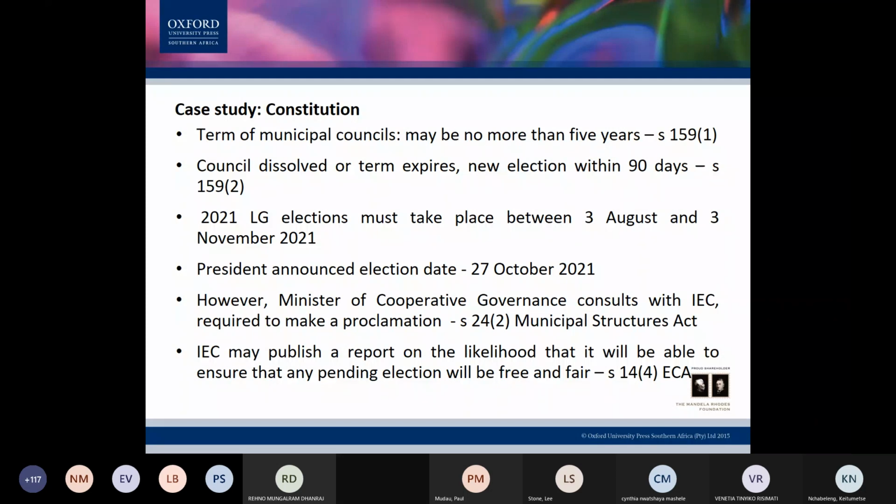It has an electoral calendar. It needs to organize the elections looking at the post-election period, the election period, and the pre-election period. So all these three phases need to be achieved within the Electoral Commission's calendar and as required by the law. So this proclamation is done by the Ministry of Cooperative Governance in conjunction with the IEC.